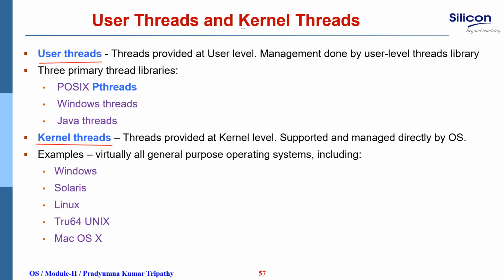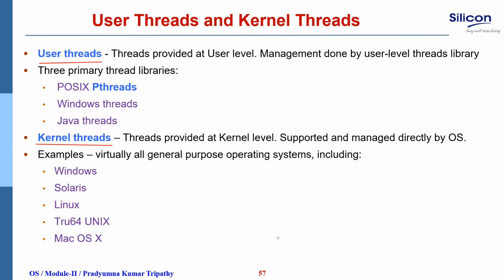Anyway, you have some user threads like Java threads, P threads, and Windows threads. And what are kernel threads? The threads provided at the kernel level, by the operating system level, are called kernel threads or system threads. These are supported and managed directly by the operating system.